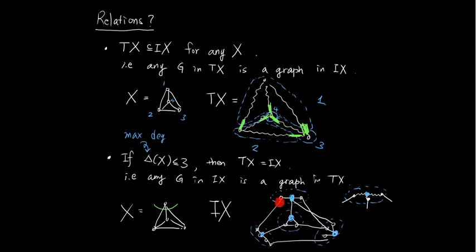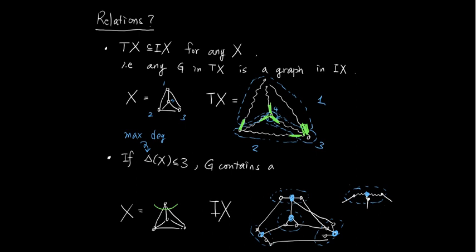You have a path, a path, a path to connect all of them. So I think I make a mistake. Don't buy what I'm saying here. Let me make it more clear, and I will say that again later. If this happens, then G contains an IX if and only if G contains a TX.